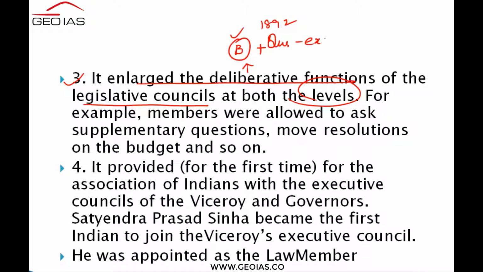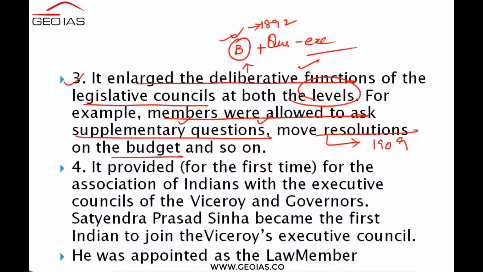Here they also increased the functions of the legislative councils, like members were allowed to ask supplementary questions in the question hour, and more, resolutions on the budget. So discussion on the budget was given through 1892, resolutions were given through the Act of 1909, and supplementary questions can be asked by the legislative members.